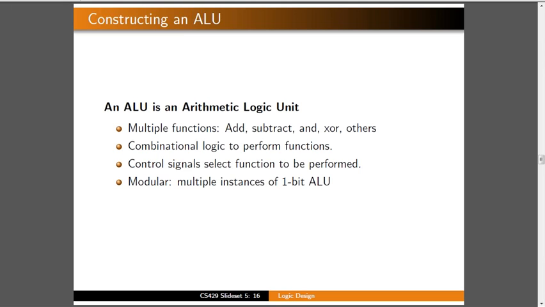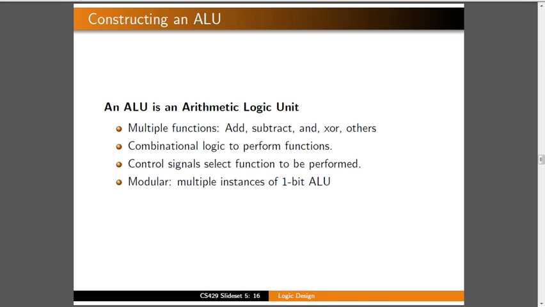Now, constructing an ALU. ALU is the arithmetic and logical unit. It has multiple functions like add, subtract, XOR, AND, NOT, and others. There is combinational logic to perform the functions in the ALU. Combinational logic means AND or NOT, multiple combinational logic.